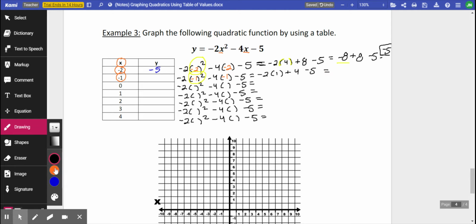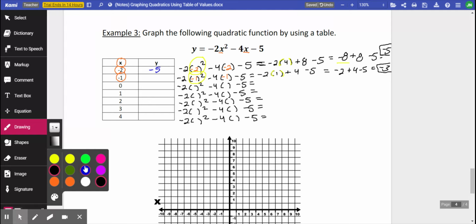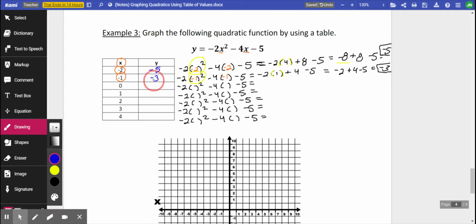When I multiply these out, like I said earlier, this came from me squaring the -1. I get -2 plus 4 minus 5. And then when I simplify that out, a final answer would give me -3. So the second simplification would give me the value of -3.